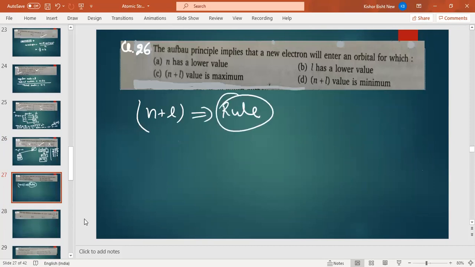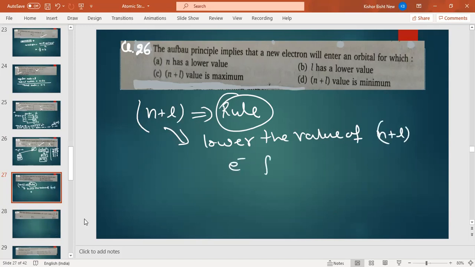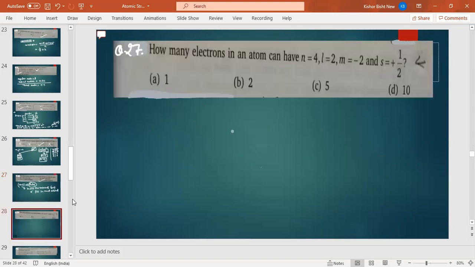So the lower the value of n plus l, the electron fills in that orbital. What is the meaning? The n plus l value is minimum. Option D is the answer.